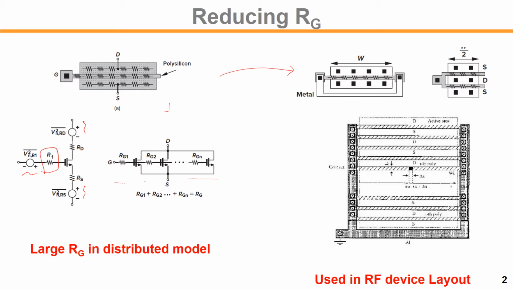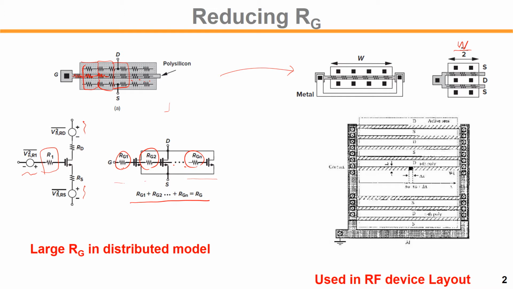That would reduce the amount of poly resistance. On the left-hand side, this resistor is a distributed resistor. You may consider small transistors in parallel, so all these RG1, RG2, RG3 to RGN, each subsection's distributed resistor, are in series. So the overall gate poly resistor is in series like that.